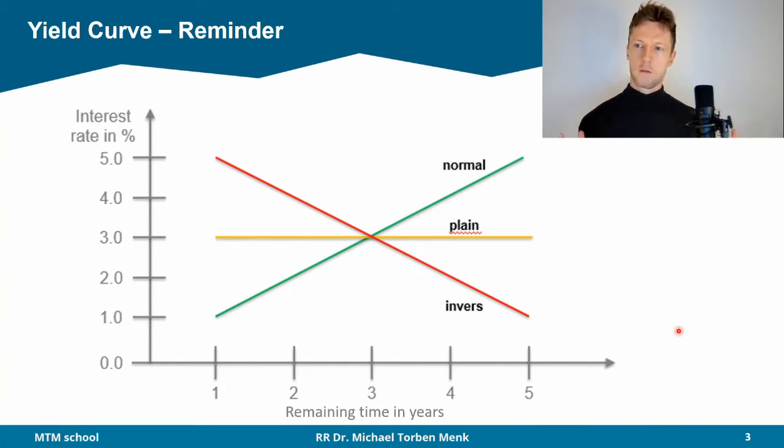With this tool, we are able to put an objective price or an objective value on a financial contract by just using the market numbers right now, the yield curve that is right now at the market.